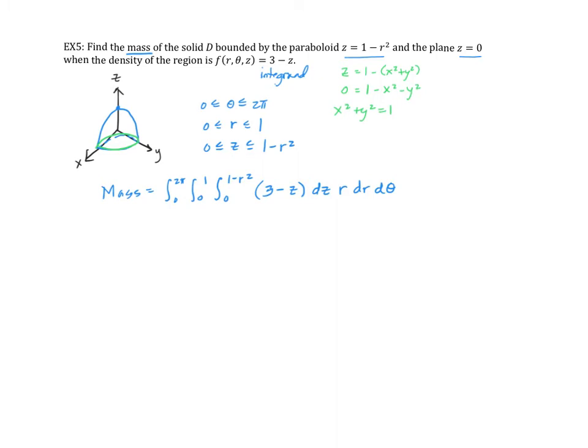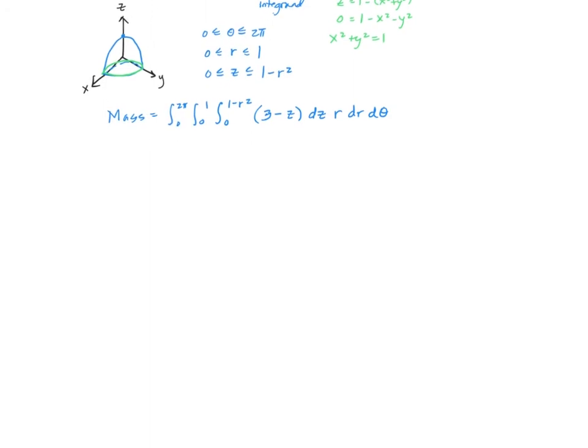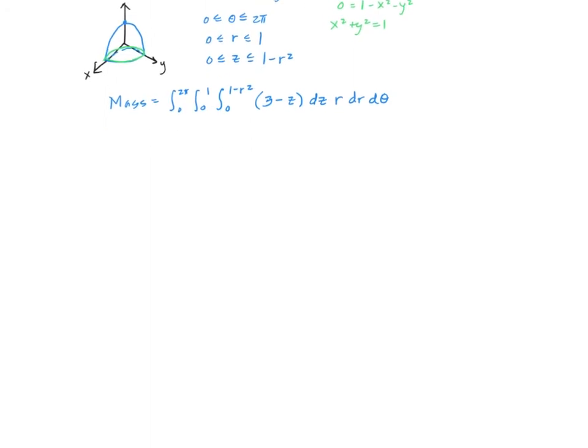So it looks like my integral on the inside is just 3z minus z squared over 2. So 0 to 2 pi, 0 to 1, 3z minus z squared over 2. This might be a little bit icky because I'm replacing z with 1 minus r squared.